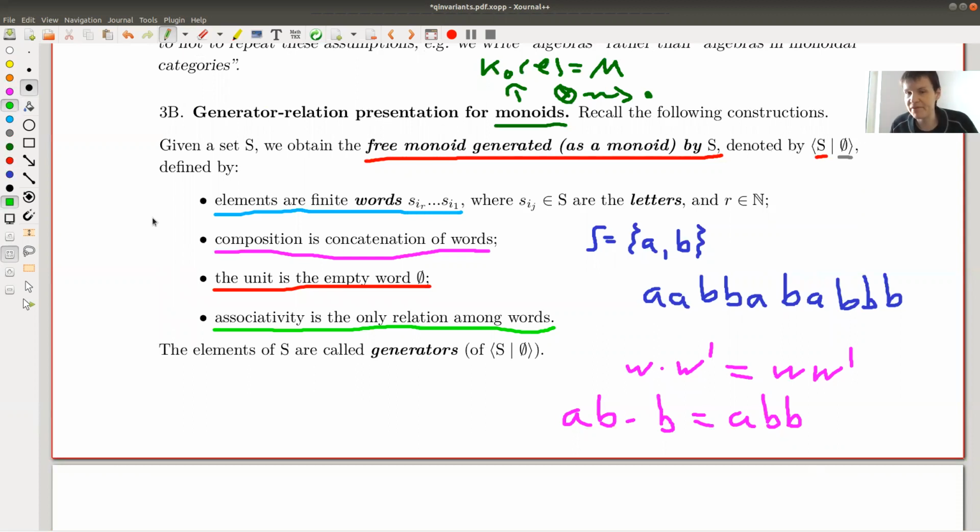For a free group, for example, you would impose that A has an inverse, and A times A inverse equals 1, because you want it to be a group. You just impose exactly the relations you need to make it whatever kind of object you have in mind. In this case, it's just a monoid. You have a unit, you have associativity, and that's everything. The unit comes for free, it's the empty word, and associativity comes for free in this description. It's just because you can concatenate words, and there's nothing you can do. It's just what it is.